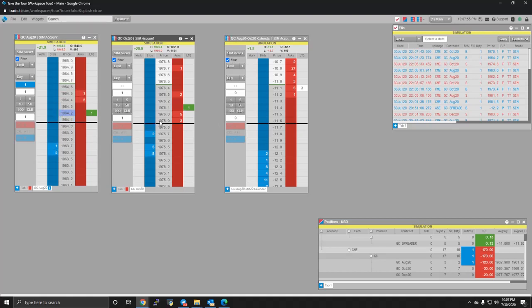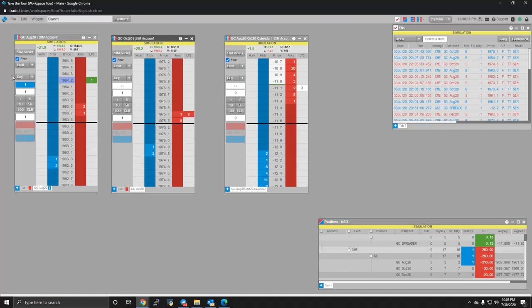So instead of doing what I just demonstrated, a manual roll, which some traders may choose to do for whatever reason, I can use a calendar spread to define the price that I'm going to roll at, instead of taking the risk of executing this manually.